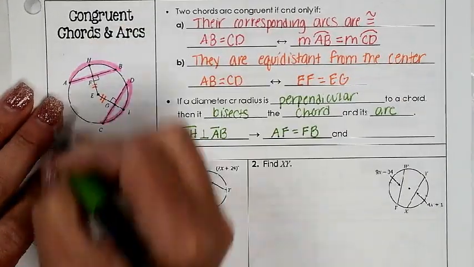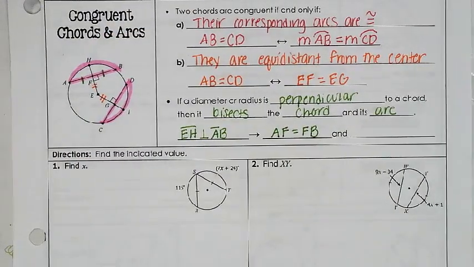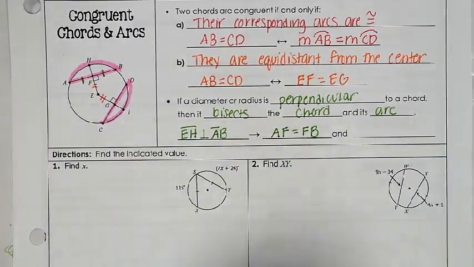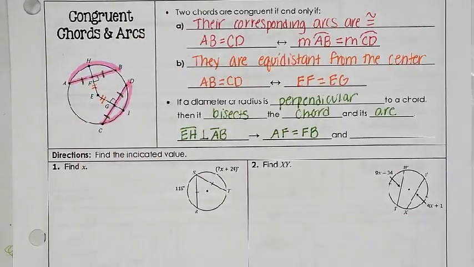So those two are congruent. Which would also mean if chord AB and chord CD are congruent, that would mean that CG and GD are also congruent.